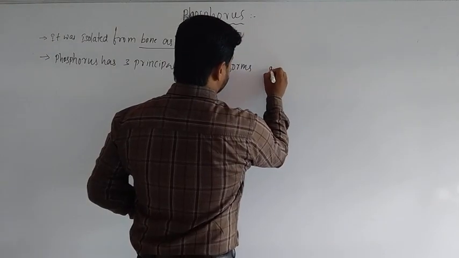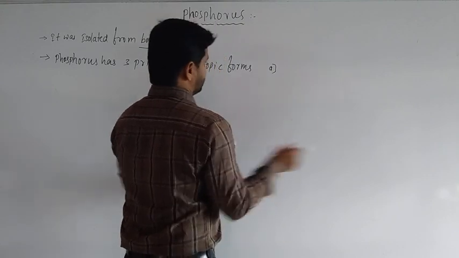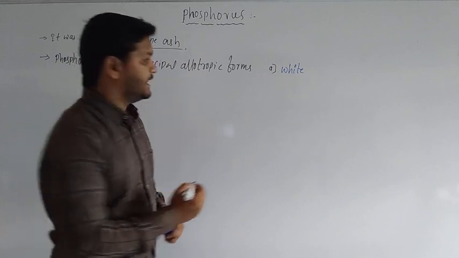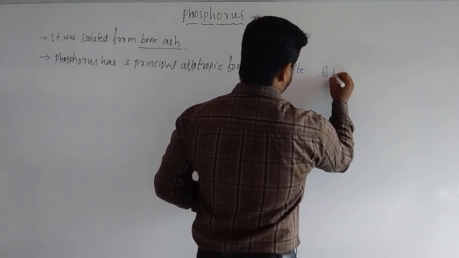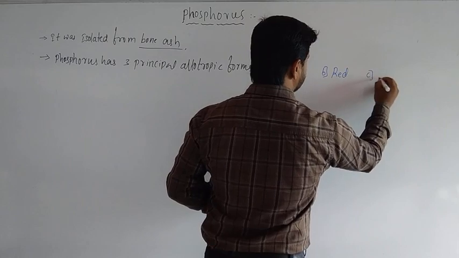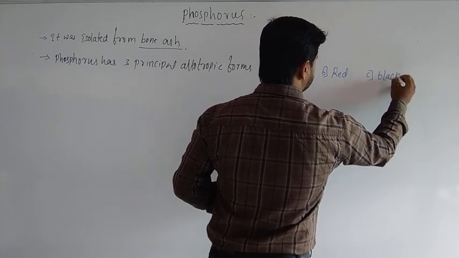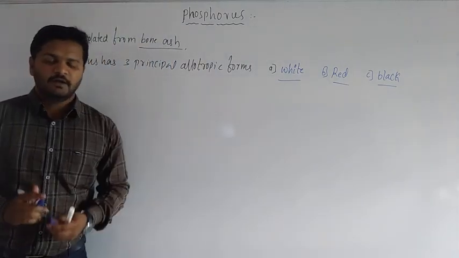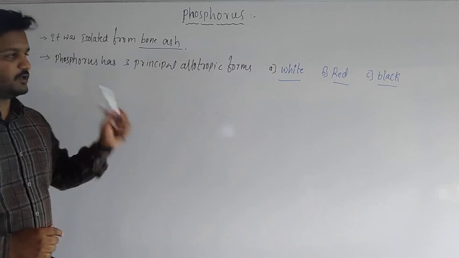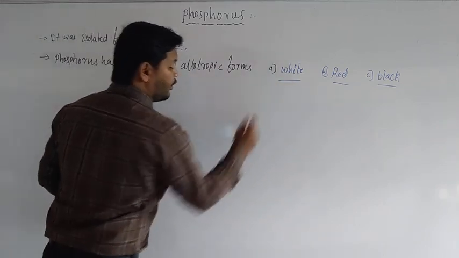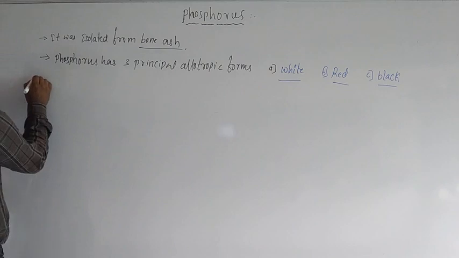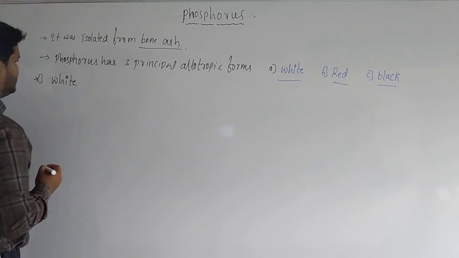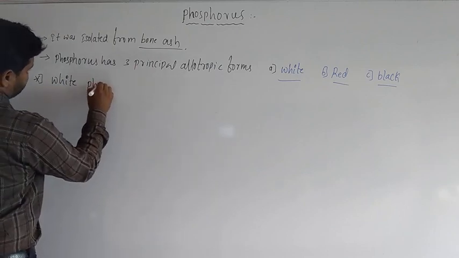They are, first, white phosphorus, second, red phosphorus, and third, black phosphorus. So these three are the main allotropic forms of phosphorus, and in that, the first one is white phosphorus. It is important for our theory annual examination.